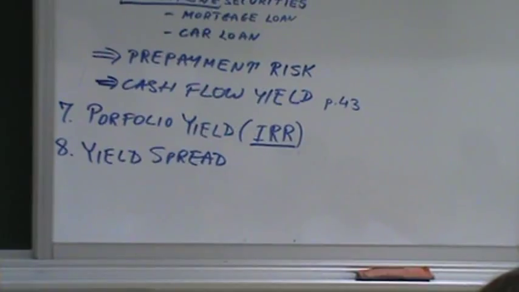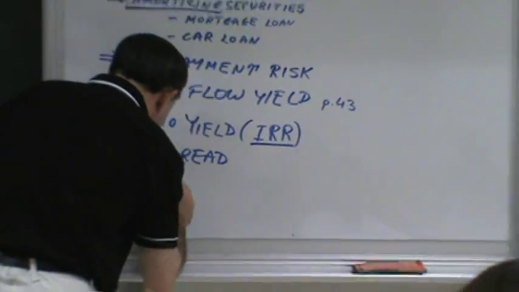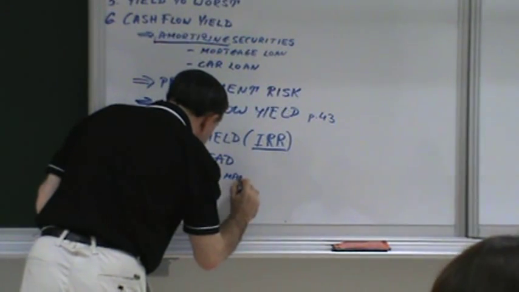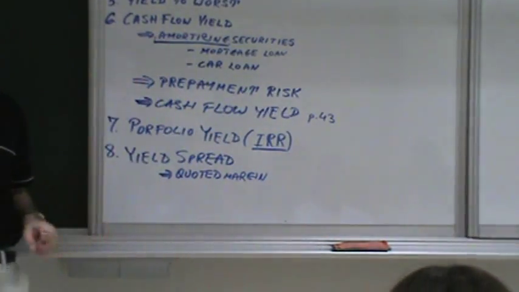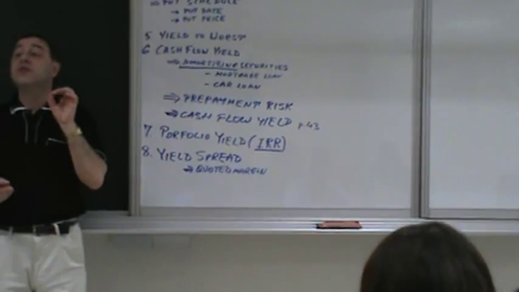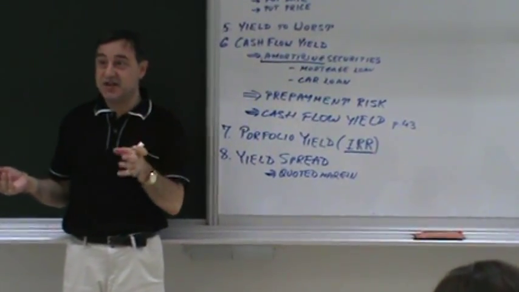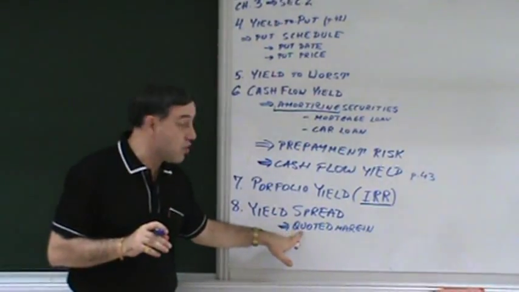The first one is the quoted margin. The quoted margin refers to floating rate securities, securities with an adjustable rate. They have a benchmark and the quoted margin.